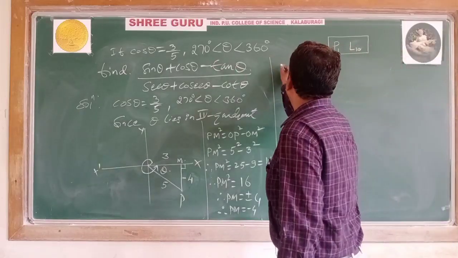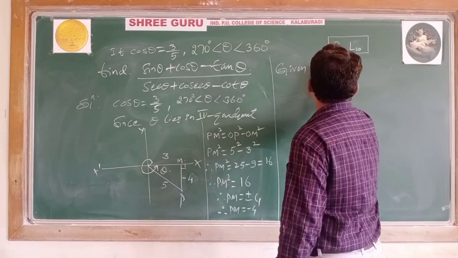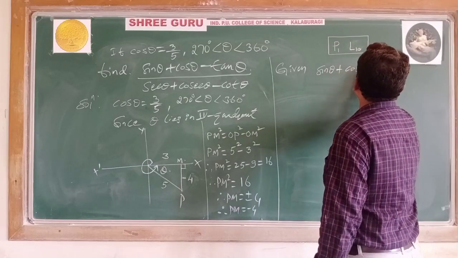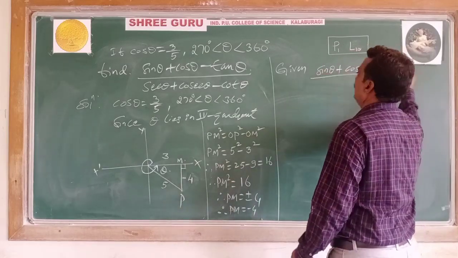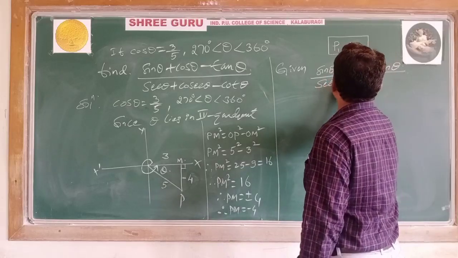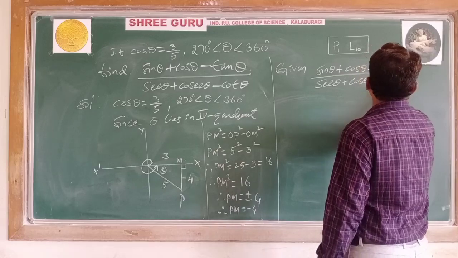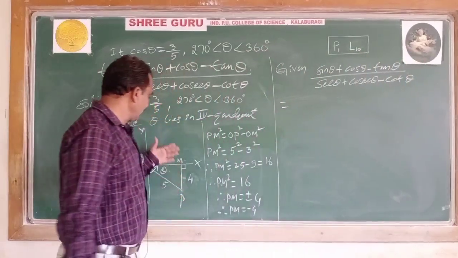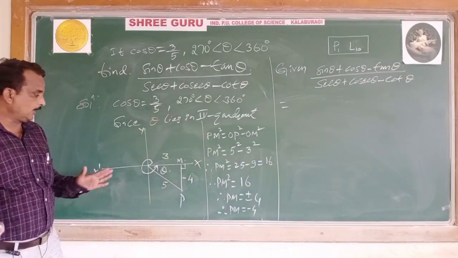Yes. Then take the given expression: sin theta plus cos theta minus tan theta, divided by sec theta plus cosec theta minus cot theta. Substitute. What is sine? You have all three sides of the right angle triangle, so you may calculate any values.